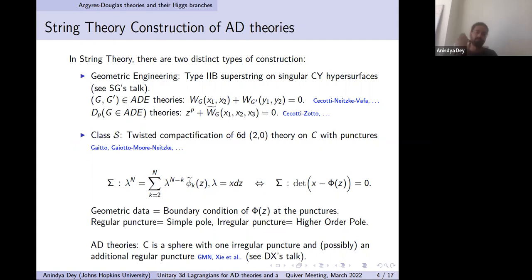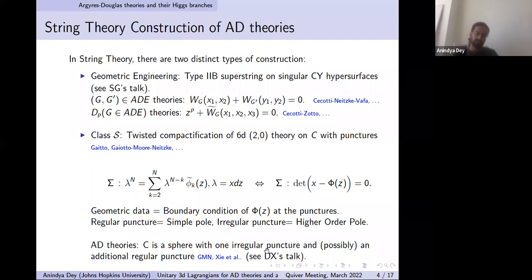I mean, you can consider probably collisions of two irregular punctures, but I don't see how you can have two separated irregular punctures. I'm talking about the minimal sort of fixture, and you can probably gauge things and build things. I see. Right. Okay.